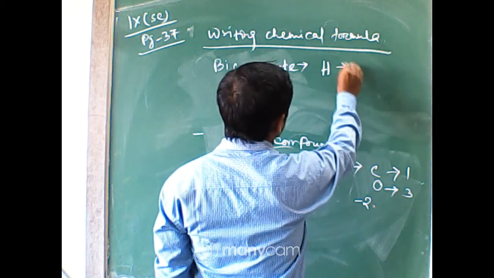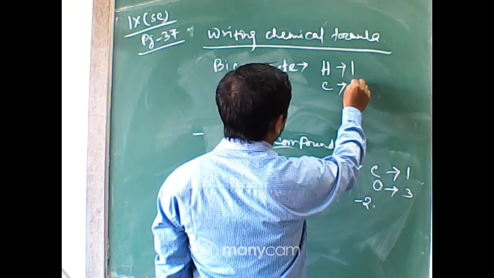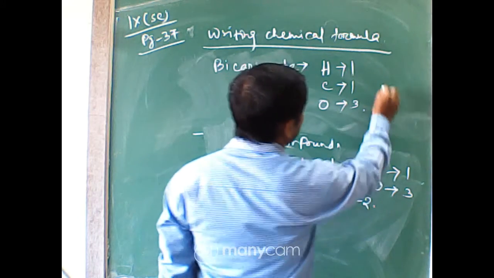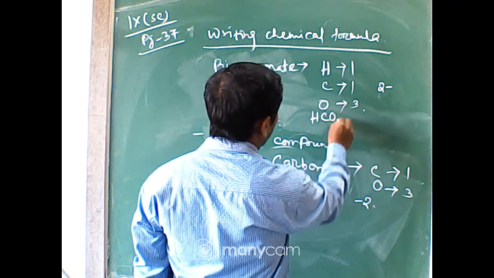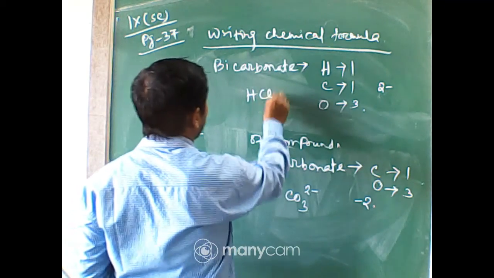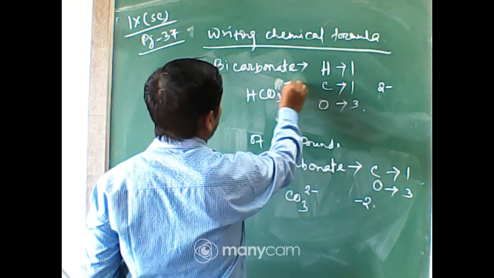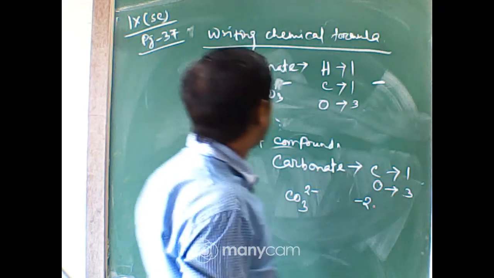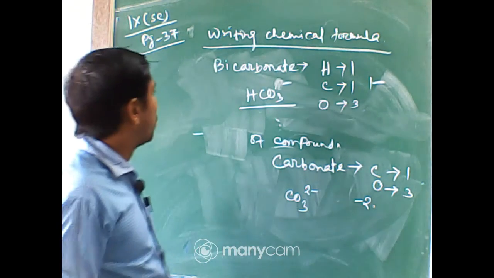Here the composition is hydrogen 1, carbon 1, and oxygen 3, and the charge is... HCO3 minus, it is not 2 minus, it is only a single minus. So, 1 minus. This is the representation of bicarbonate.